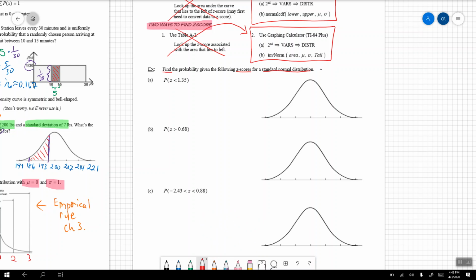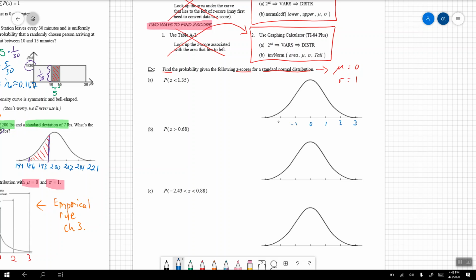Well, what does a standard normal distribution tell us? This tells us that the mean is 0, and the standard deviation is going to be 1.